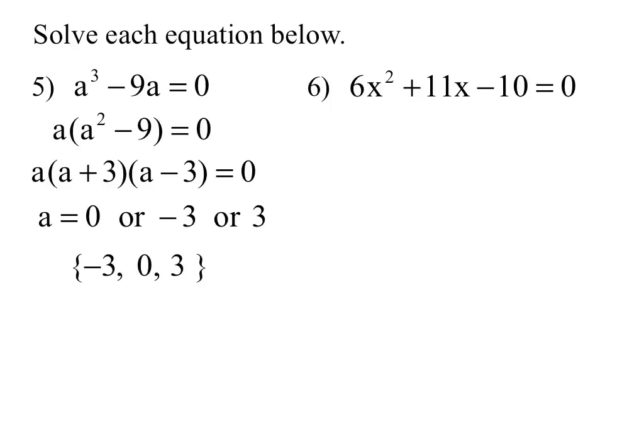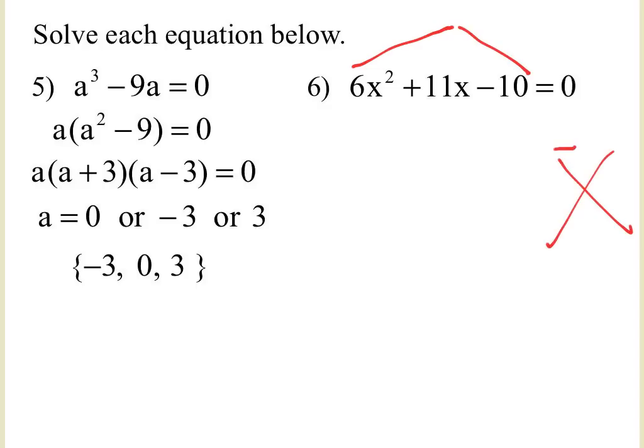The next method, I'm going to have to do the coefficient where I have to multiply my lead coefficient. You know, it multiplies to -60 and adds to 11. Okay? -60 multiplies to -60 and adds to 11.